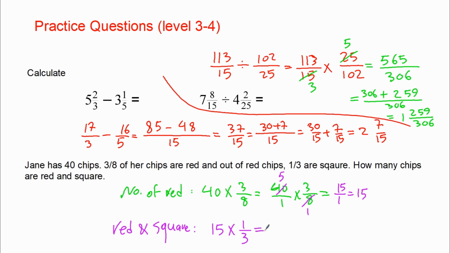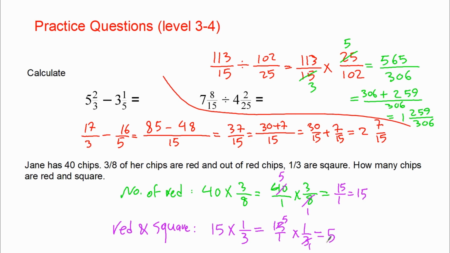So that would be 15 over 1 times 1 over 3. Again, this simplifies: divided by 3 is 1, divided by 3 is 5. So the final answer is 5.